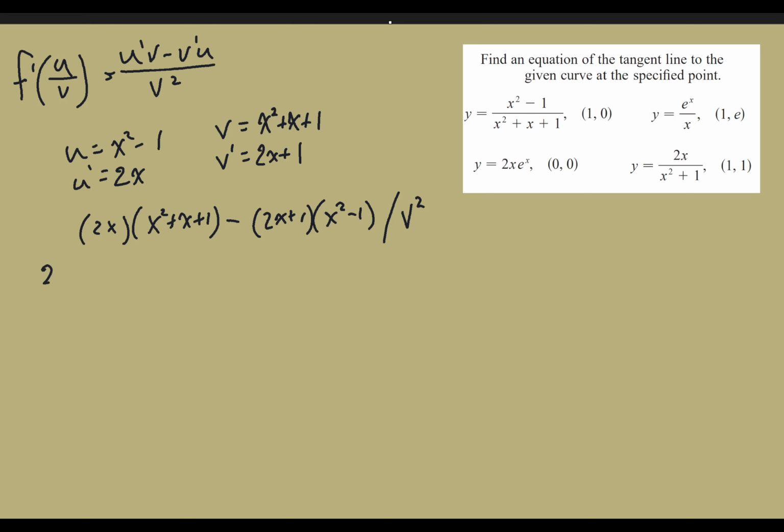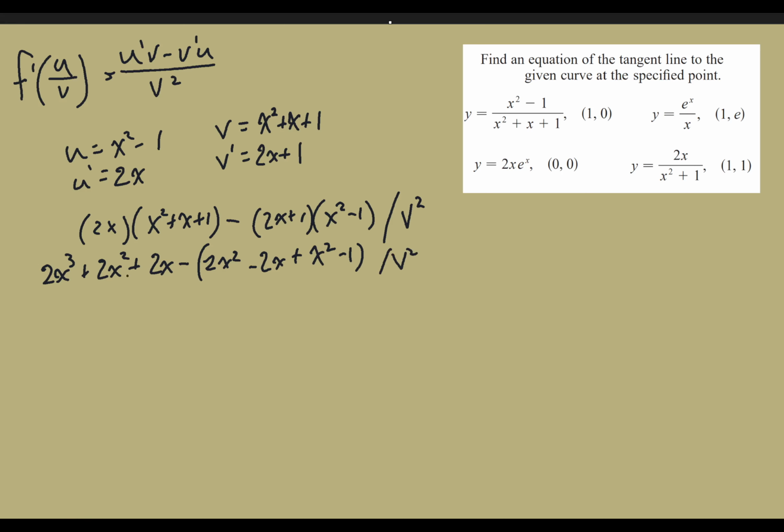So that would be a 2x cubed plus a 2x squared plus a 2x minus 2x squared minus 2x plus x squared minus 1. And all that's divided by v squared.